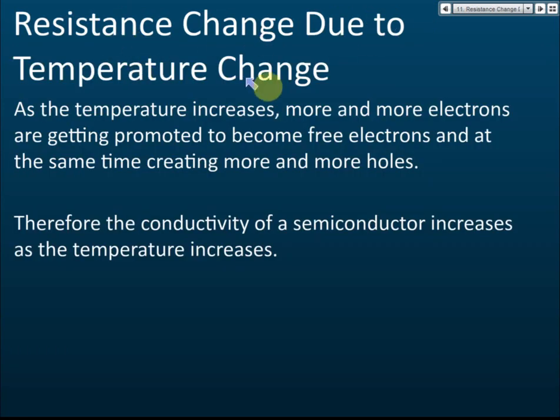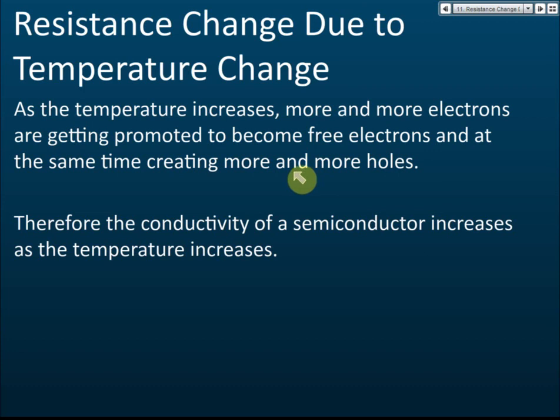Resistance change due to temperature change. For a semiconductor, as the temperature increases, more and more electrons are promoted to become free electrons, and at the same time more and more holes are created. Just now I told you that electrons, when they absorb heat energy, jump out to the outer shell and become free electrons, and they form holes.